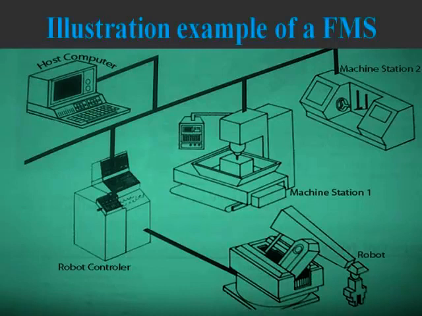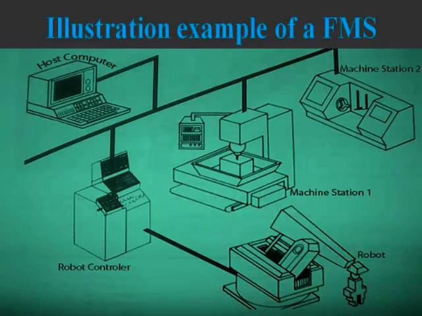So the secondary material handling device's function is to transfer the parts from the primary material handling device, like the conveyor, to the machine, and from the machine to the conveyor. This is the secondary handling device function. And we have here both primary handling devices and secondary material handling devices.